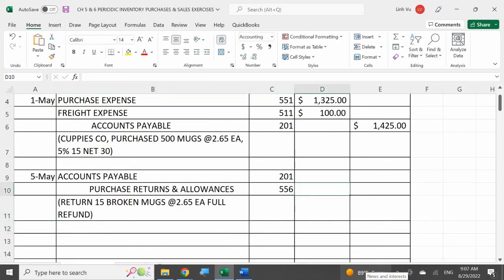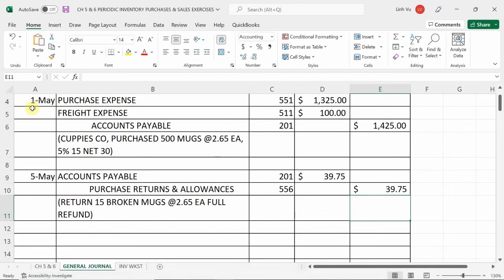How much money should you be getting back? $39.75.